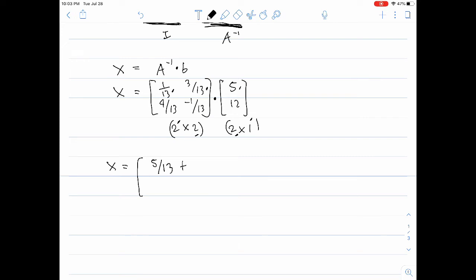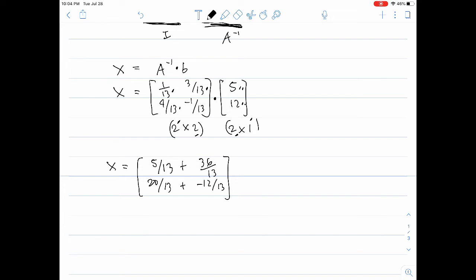Plus, 3 over 13 times 12 is 36 over 13. Then, mamaya dili na punta sa second row. 4 over 13 times 5 is 20 over 13. Negative 1 over 13 times 12, or plus na dila, is just negative 12 over 13.